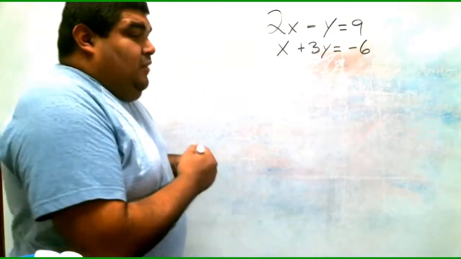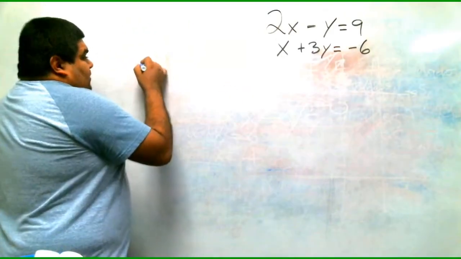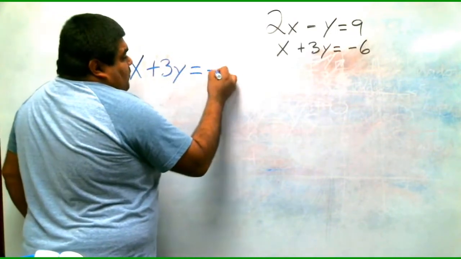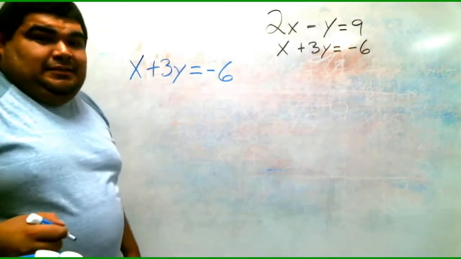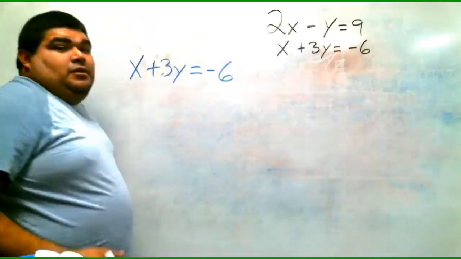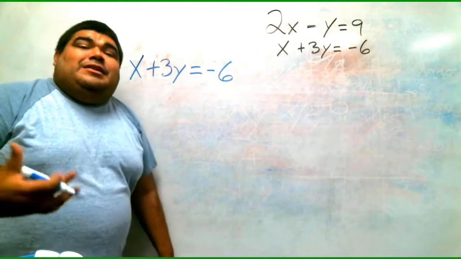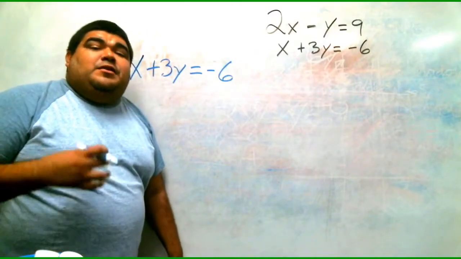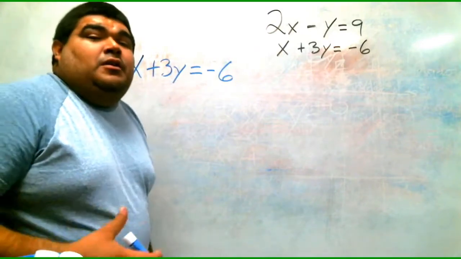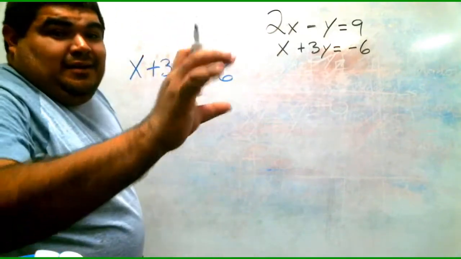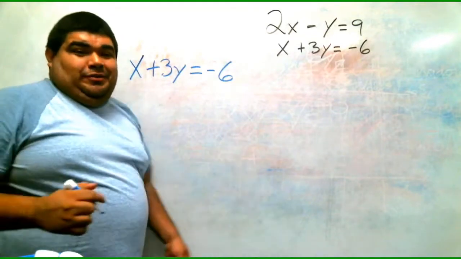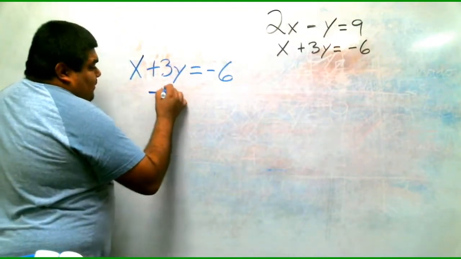So, we have x plus 3y equals negative 6. I chose the second one. If we want to leave x alone, we have to get rid of the 3y that is there. We have to move it to the other side. The opposite of adding is subtraction. So we have minus 3y.